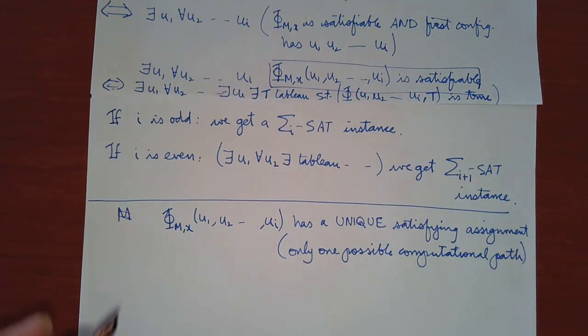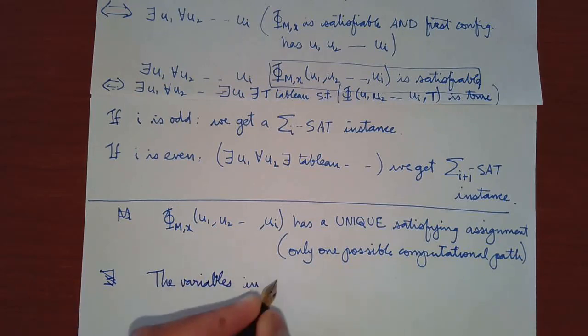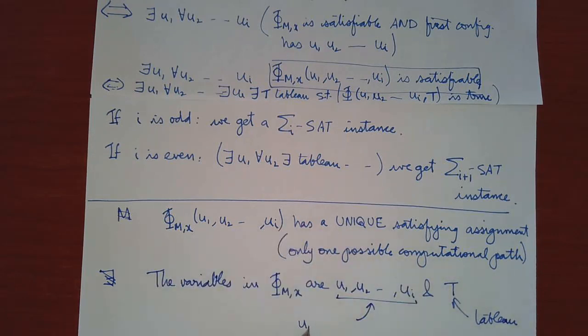Let me be a little precise here. Let me say that the variables in phi_Mx are u1, u2 to ui, and T, which is the tableau. These u1 to ui are from the certificates.